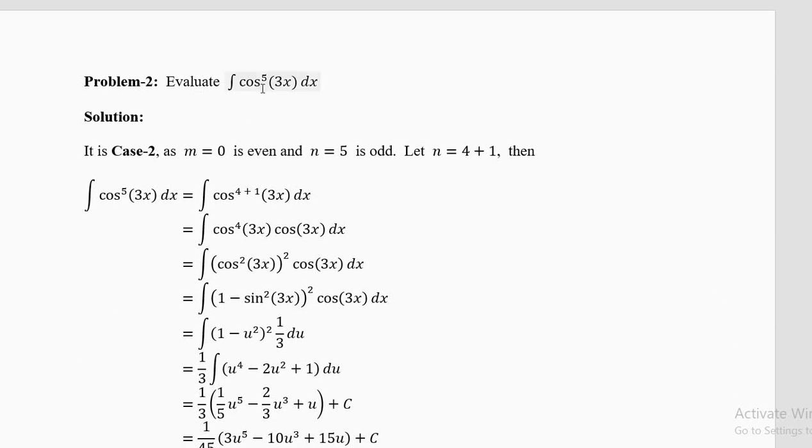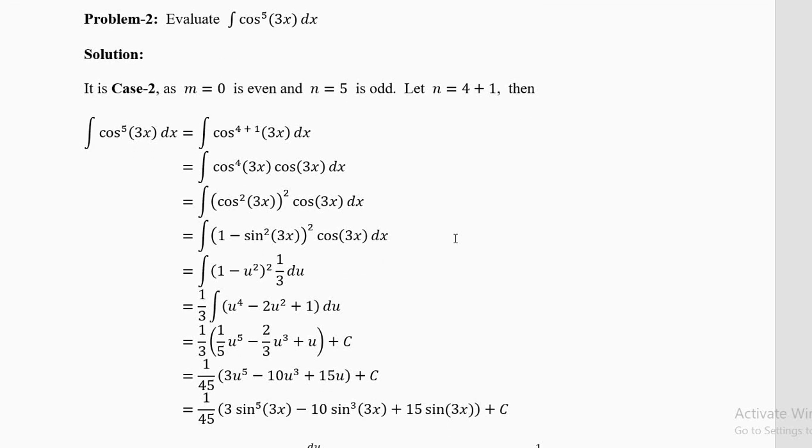Now evaluate the integral of cos power 5 3x. Now what happens in this kind of question, even if you don't remember the cases per se exactly, this cos power 5 is 4 plus 1, you'll get cos power 4 plus 1. You have cos power 4 into cos power 1. 3x will remain there. We don't have to talk about it at this stage.